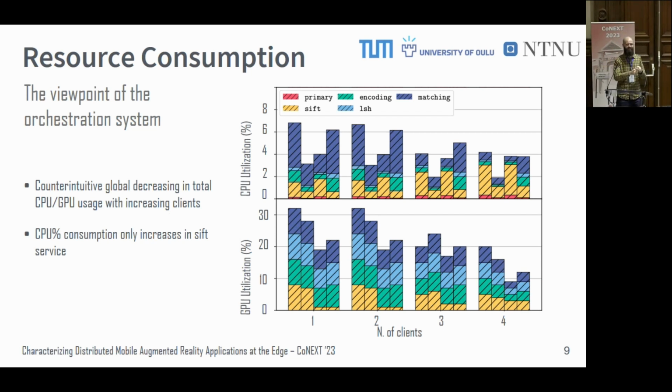As you can see here, we notice a very counterintuitive pattern, actually. When we increase the number of clients, it means that the ingress frames per second goes from 30 to 120. The global CPU and GPU consumption is actually decreasing, except for one service, which is the Swift microservice. So just from here, the orchestrator cannot really tell where the bottleneck is.